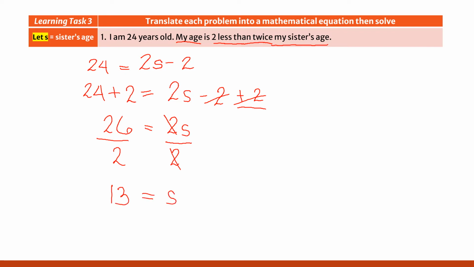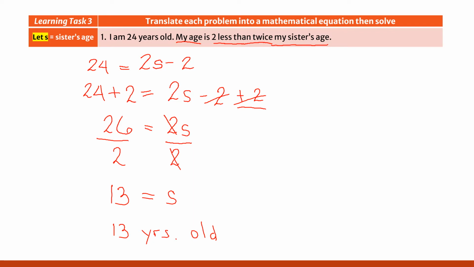Meaning to say, ang age ng aking sister ay 13 years old. Okay? So ang age ng sister ay 13 years old. Bakit? Kasi nga, sabi doon sa problem, if I am 24 years old, my age is 2 less than twice. Ano ba ang twice of 13?